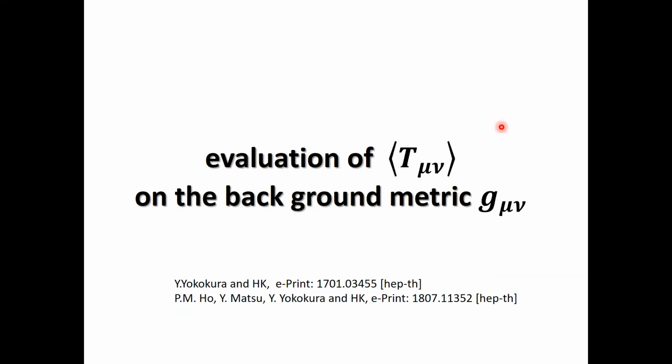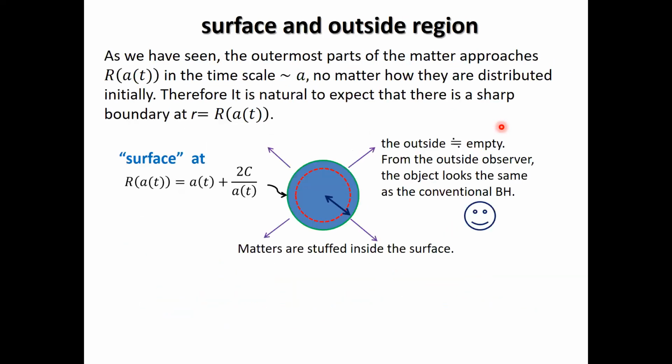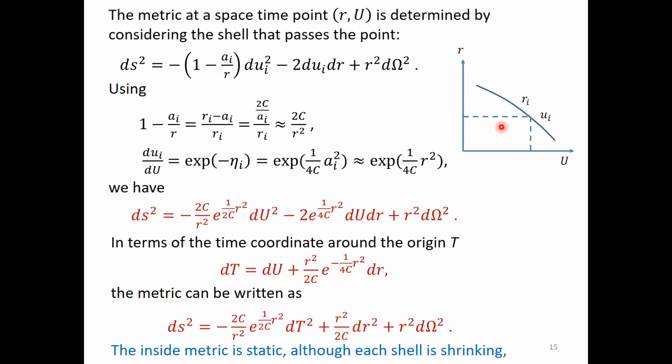But Kawai-san, at the very beginning you used another coordinate with r. In that coordinate we actually have the singularity, right? In this coordinate we don't have a singularity, even at r equal to a.